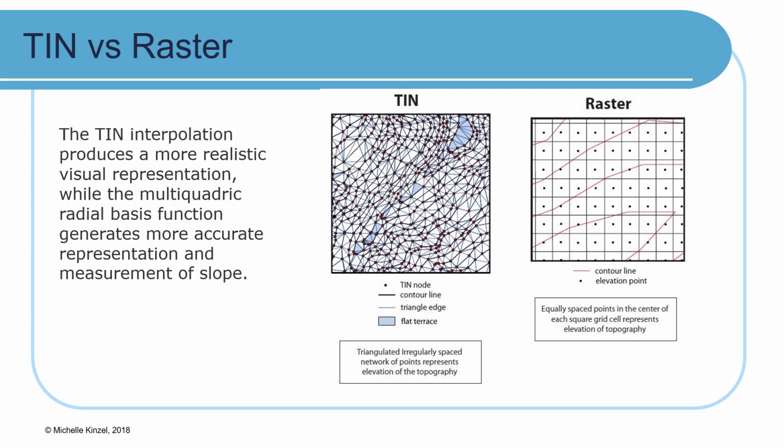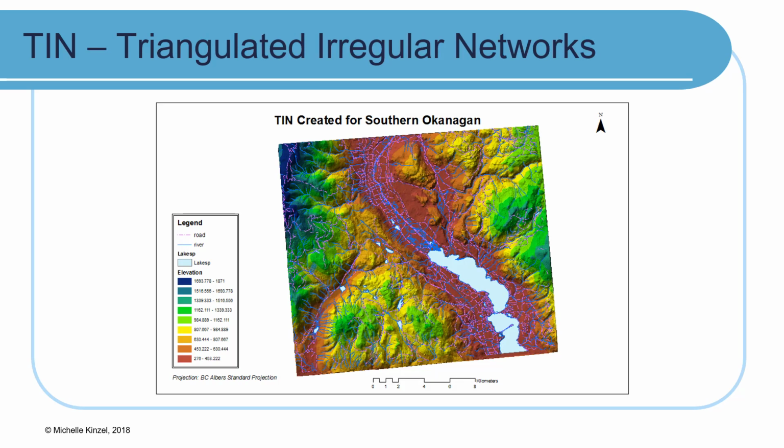Just looking at these two comparisons here side by side, you can see that the TIN is more complex and shows more subtle variations in the elevations than your raster would on the right. Here's an example of a TIN created for southern Okanagan, and the elevation ranges are shown in the legend on the left.